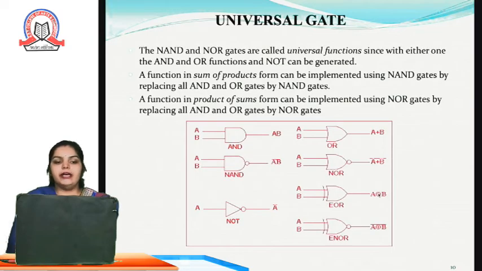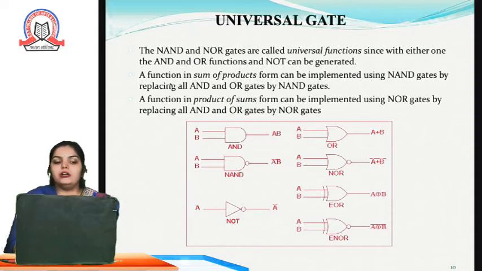Now the next, universal gates. The NAND and NOR gates are called universal gates, since with either one, the AND, OR and NOT functions can be generated. Okay, 3 operations can be generated from a single one.